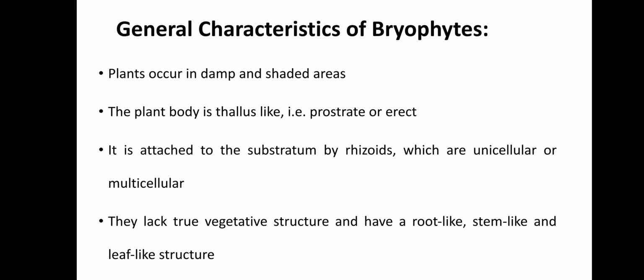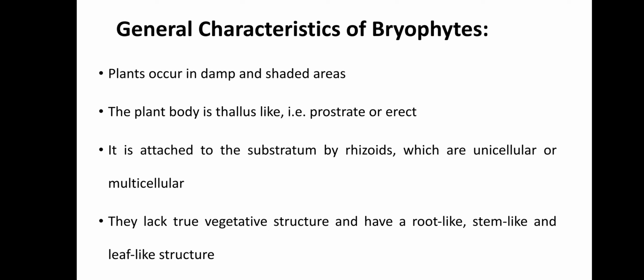It is attached to the substratum not by roots but by rhizoids, which may be unicellular or multicellular. In some groups of bryophytes they are unicellular, in some groups they are multicellular. So bryophytes have a root-like organ called rhizoids, which helps them attach to the substratum.